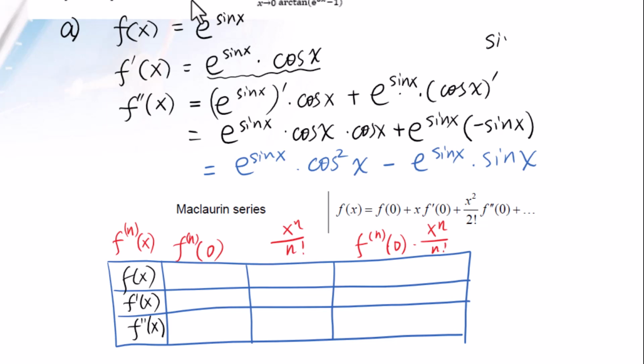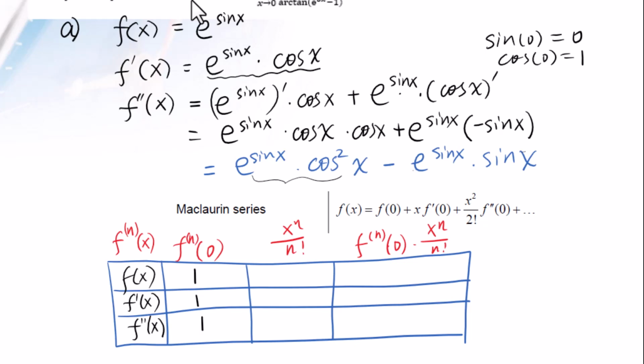We do know sin 0 equals 0, cosine 0 equals 1. f of 0 equals 1, f prime of 0 equals 1, f double prime of 0 equals 1.